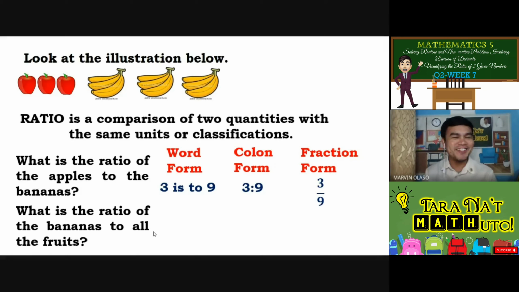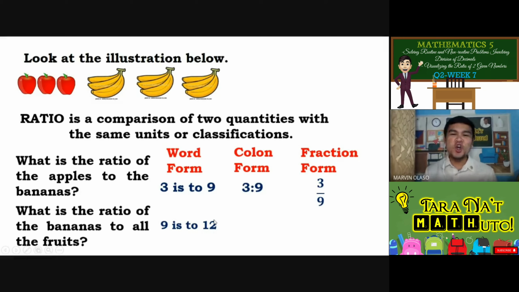What do you think? Yes, you are correct. 9 to 12. Why 9 to 12? Because there are 9 bananas and a total of 12 fruits. It's a combination now of 3 apples and 9 bananas. 3 plus 9 is 12. So a total of 12.